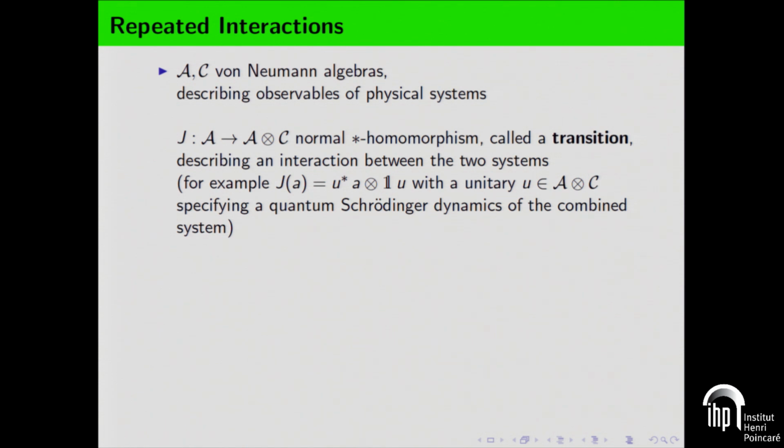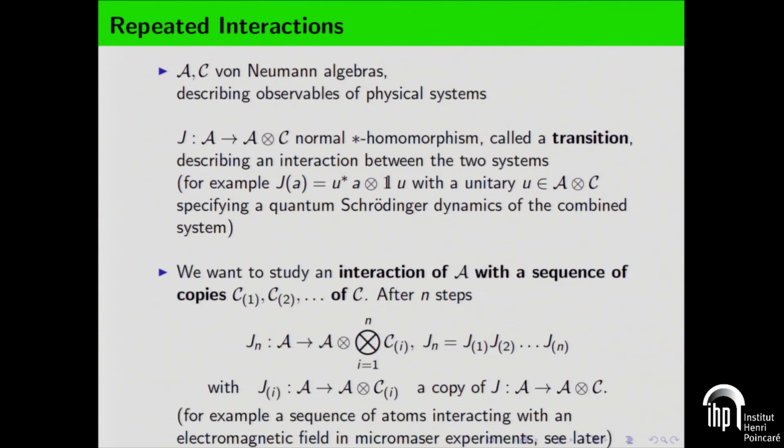So you see this notion of transition concentrates on the observables of the system A, and looks at what happens to them when the interaction takes place. As I said, you want to study interaction of A with a whole sequence of copies of the system C: C1, C2, C3, and so on.